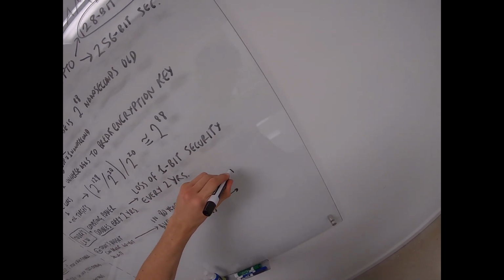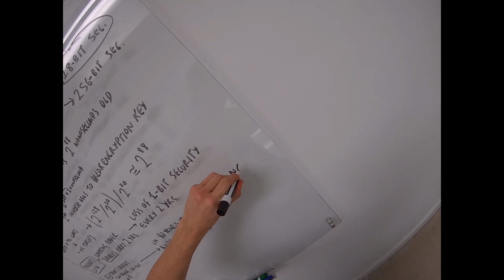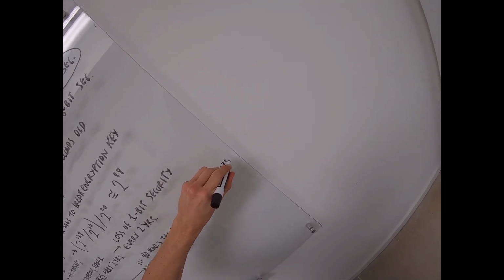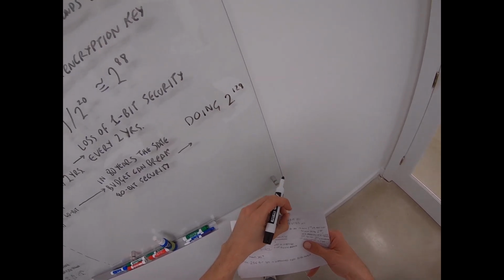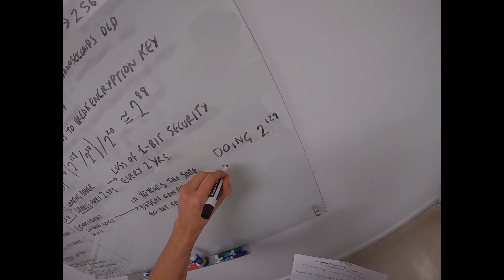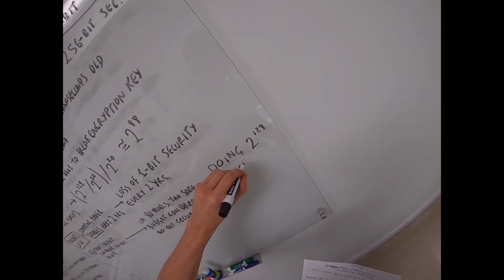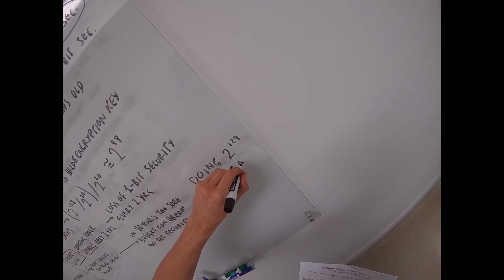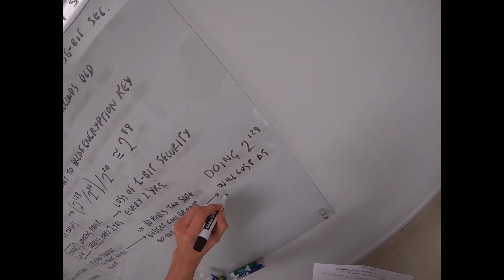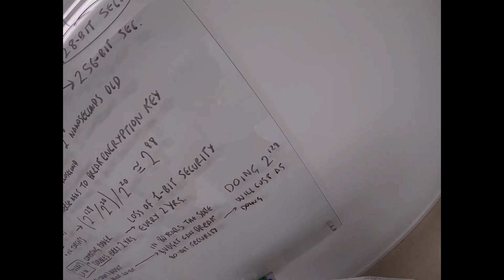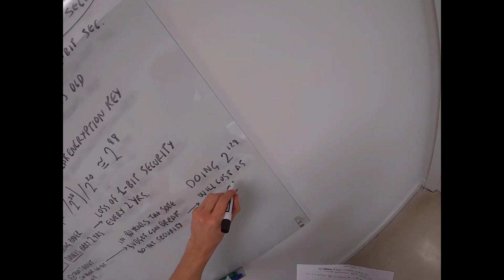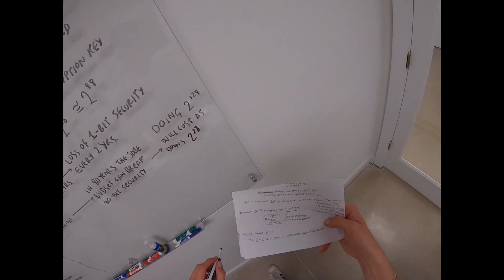Doing 2 to the 128 operations will cost as much as doing 2 to the 88.